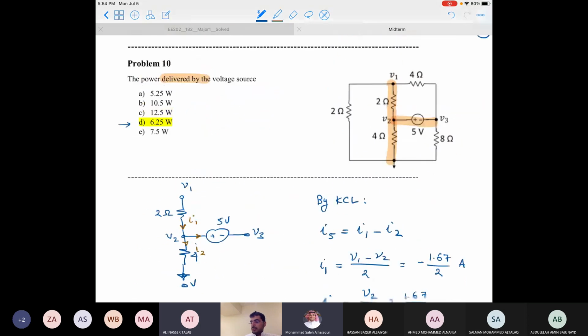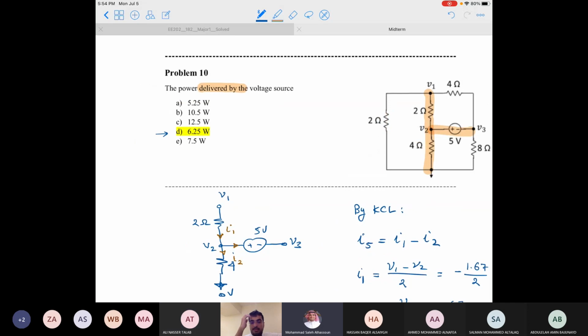No, can you explain the question to me? This question statement, Ali, they need the power delivered by the voltage source. So it should be negative, the power that I will calculate.